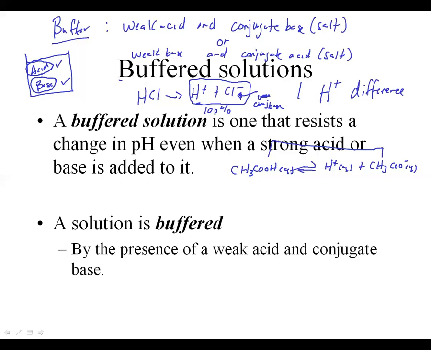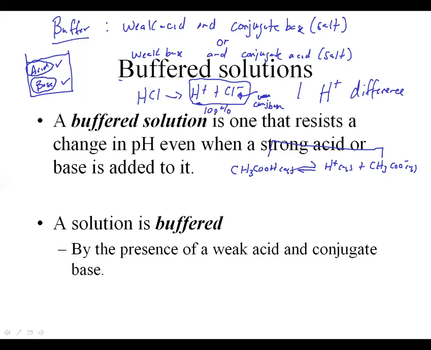Same thing if you took that buffer that was at a pH of 4 and you added some acid to it, it would maintain about a pH of 4. It would go down maybe a little bit, maybe to 3.9 or something like that. But it won't go from a pH of 4 all the way down to a pH of 1. So a buffer is not necessarily always a neutral solution.